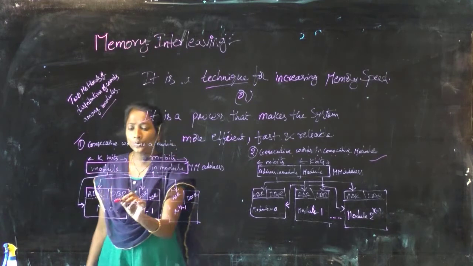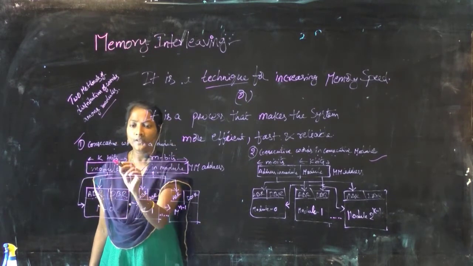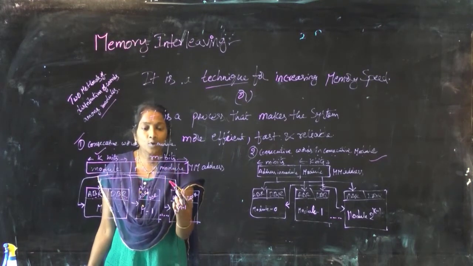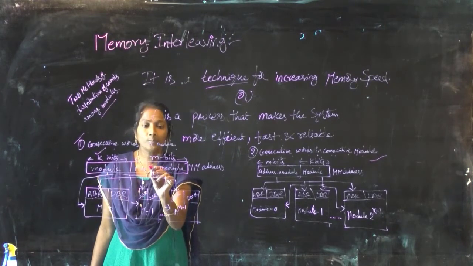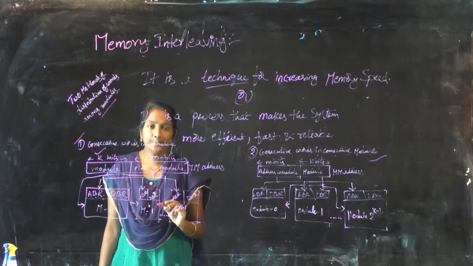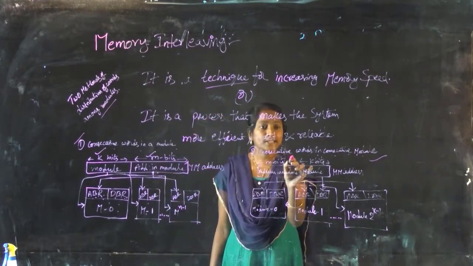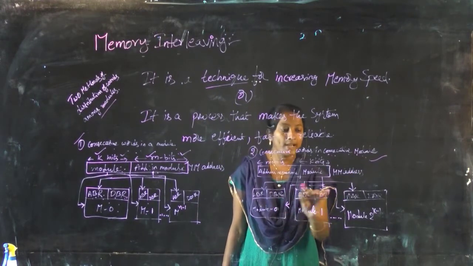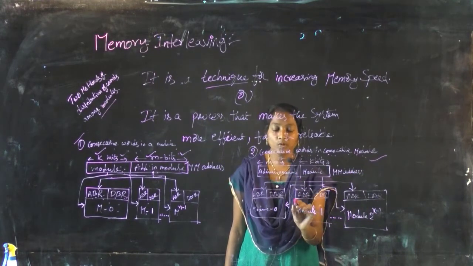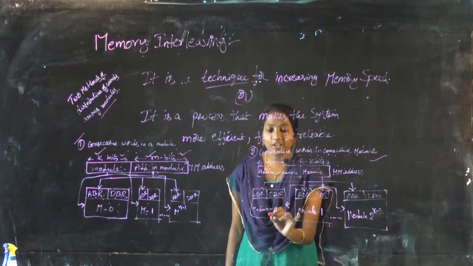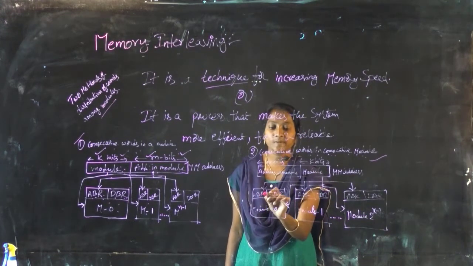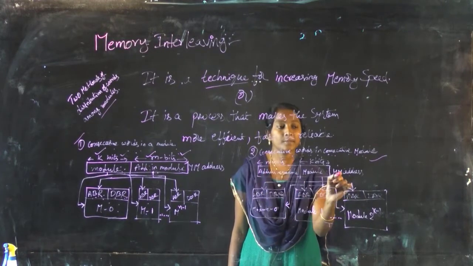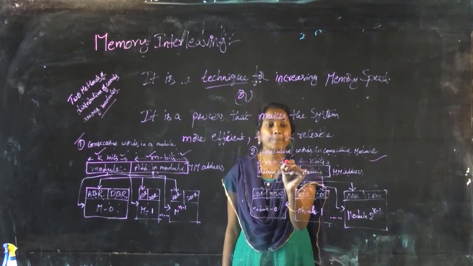Here, to address each module, k bits are used. To address the memory location in a particular module, we use m bits. In the case of consecutive words in consecutive modules, the entire memory is also divided into modules. Each module consists of an address buffer register, a data buffer register, and the main memory address register contains m plus k bits.